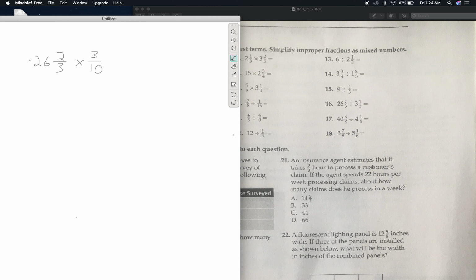Now we need to change this to an improper fraction. 3 times 26 is 78, plus the 2 is 80. Okay, so let's cross this out.